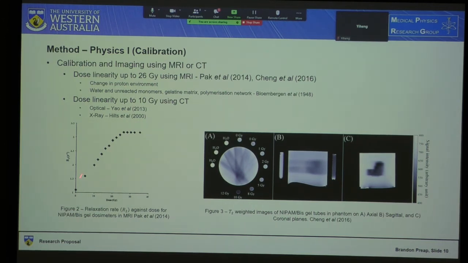For CT, the same thing happens up to 10 gray and then plateaus. And you can see on the axial, sagittal, and coronal planes that the higher the dose, the darker the patches are. So that's great. You can see in 3D, and you can extrapolate it when you get lots of slices.